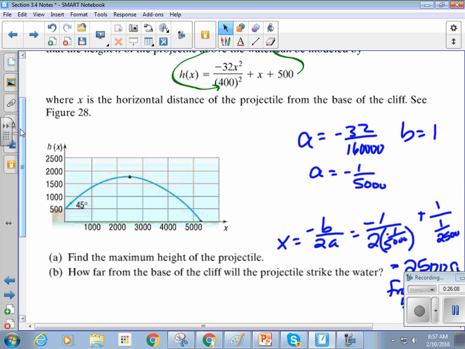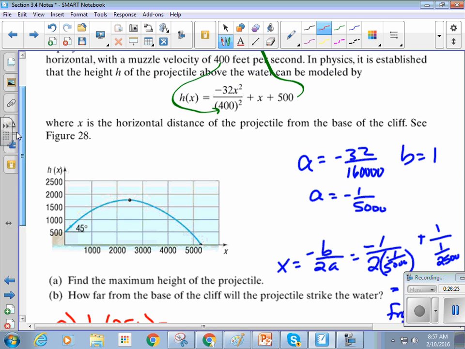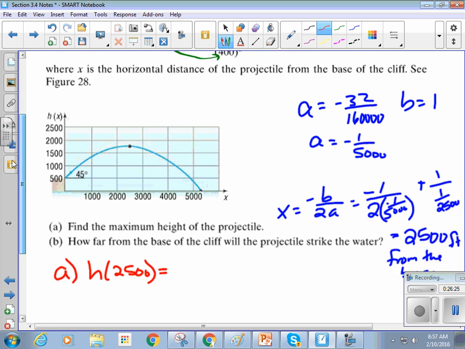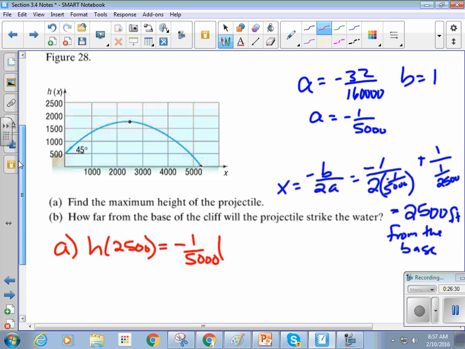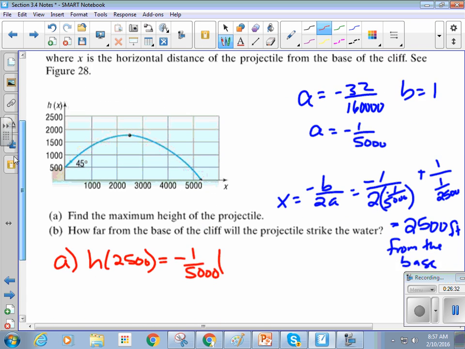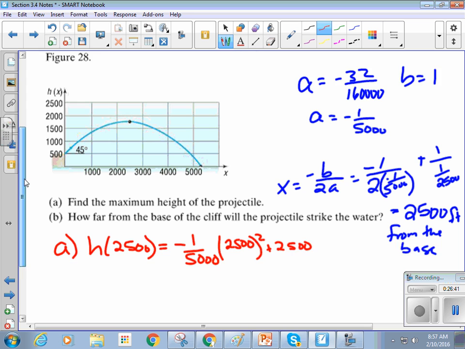Okay. So we're going to go ahead and plug that back in, so it's still on A. So I have to take my original function, and that's negative 1 over 5,000 times 2,500 squared plus 2,500 plus 500.